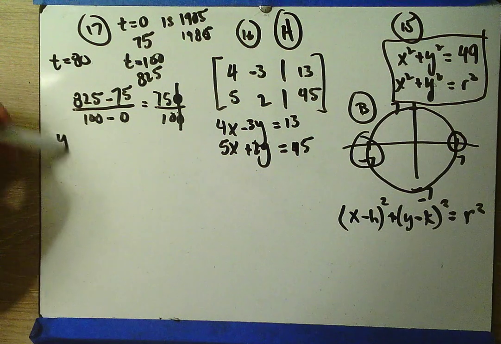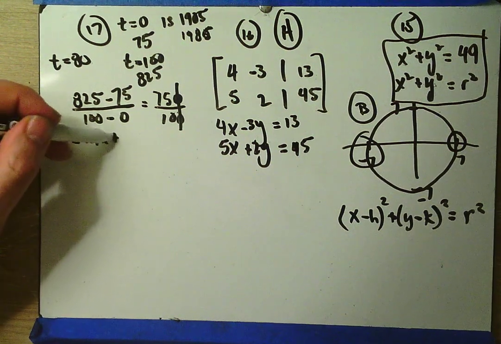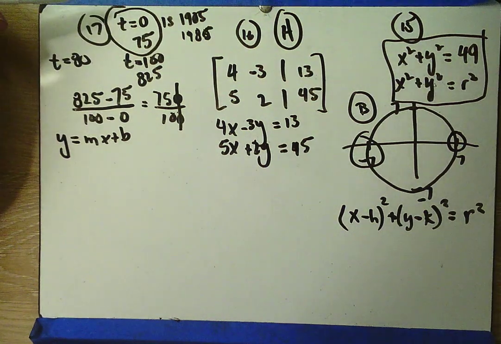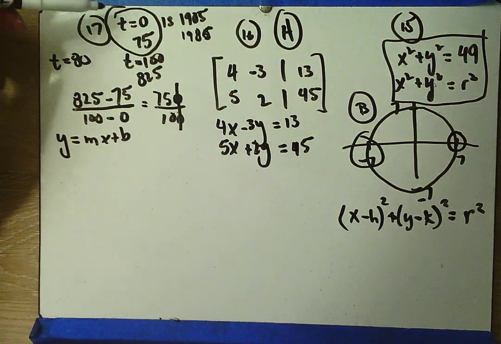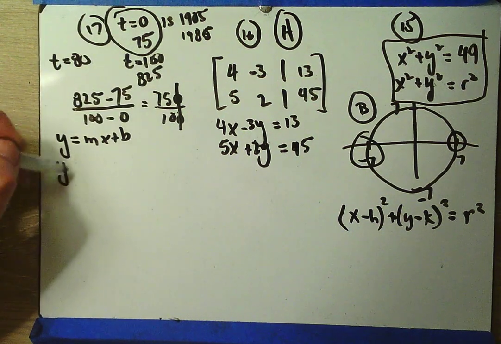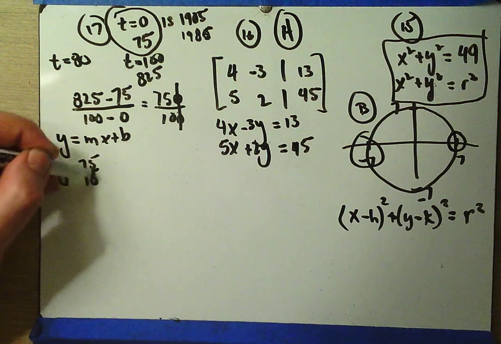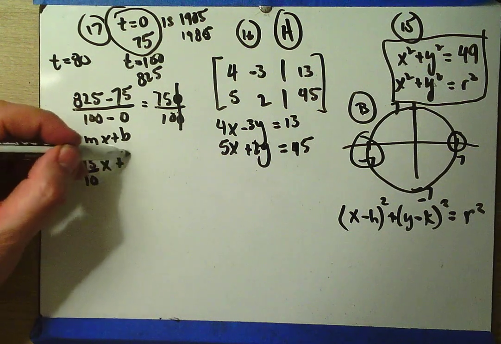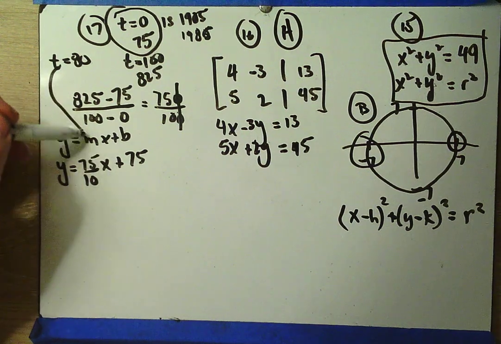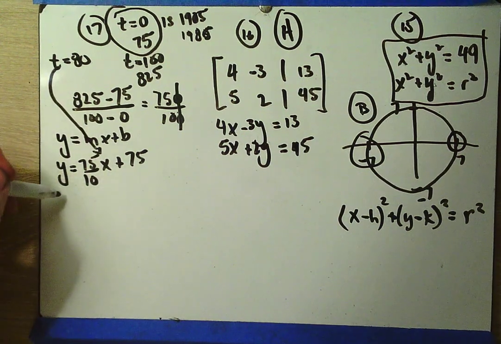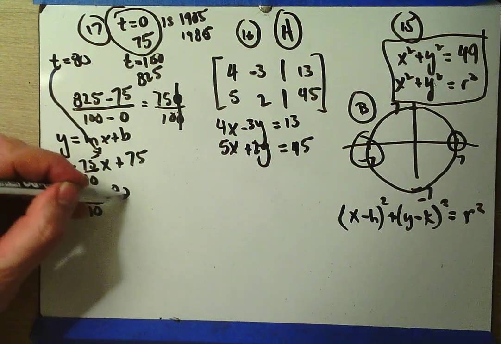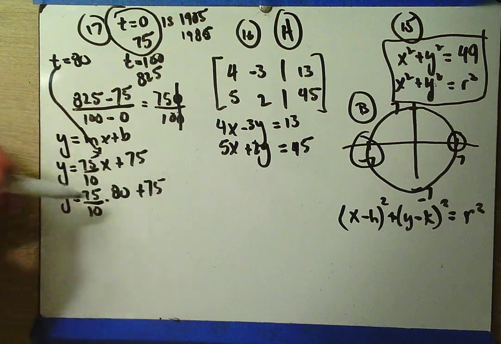We're going to use y equals mx plus b. The reason I chose that is because I have this y-intercept, I have that initial amount, and I have a slope. The slope is 75 over 10. So y equals 75 over 10 times x plus 75. I'm going to plug that 80 in for our time, and I'm going to have y equals 75 over 10 times 80 plus 75.